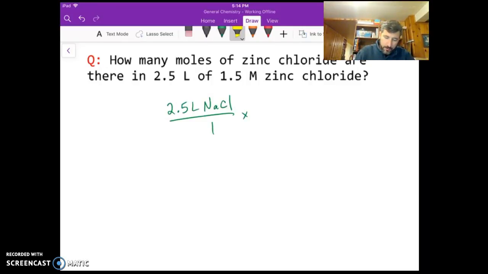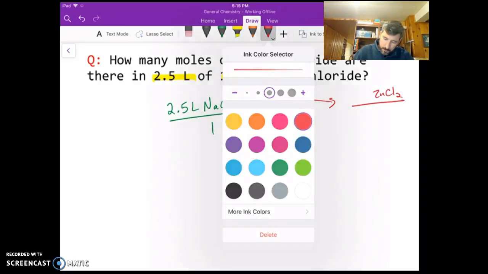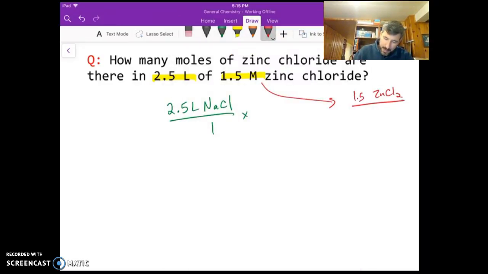You were given two numbers: 2.5 liters, 1.5 molar. 1.5 molar is a relationship between moles and liters. So if I write this off to the side here, this is saying there are 1.5 moles of ZnCl2 per 1 liter.